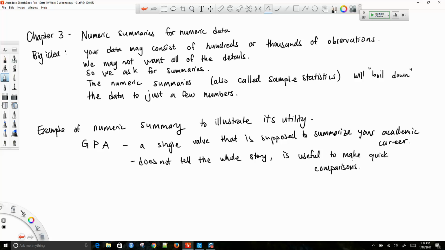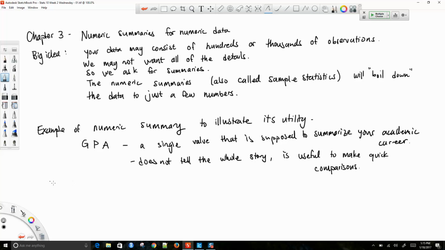What you might find is that different counties might start to try to, quote, "game the system" in classifying people who should be considered as unemployed. They might classify them as something else just to lower that unemployment number. So they might say, oh, this is a special case. This doesn't count as unemployed. This counts as something else. And that's what happens sometimes with numeric summaries. But they are still very useful to make quick comparisons, okay?